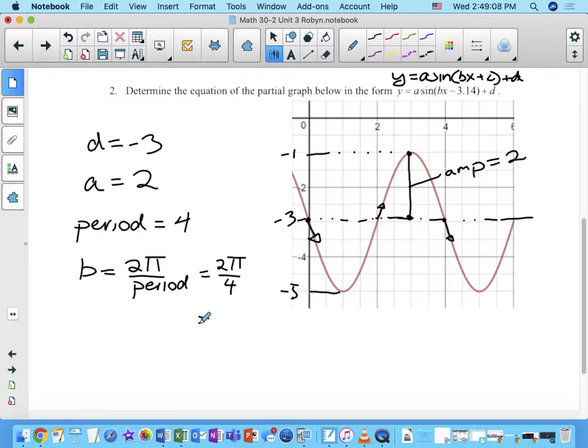Should I reduce it and write pi over 2? Should I enter it into my calculator and get 1.57? The answer for this course is I don't care. If you're planning to do 30-1, you should leave it as pi over 2, because that's what you'll be expected to do next semester. So get into the habit of doing it now.